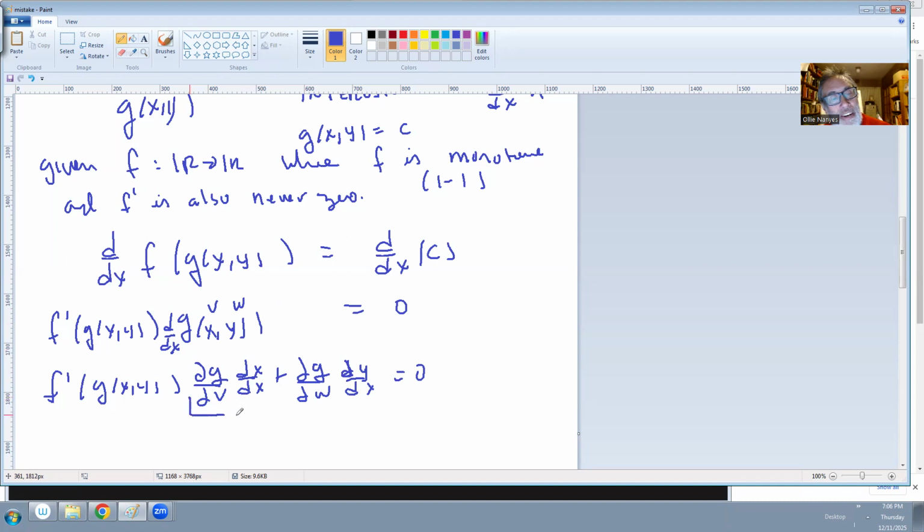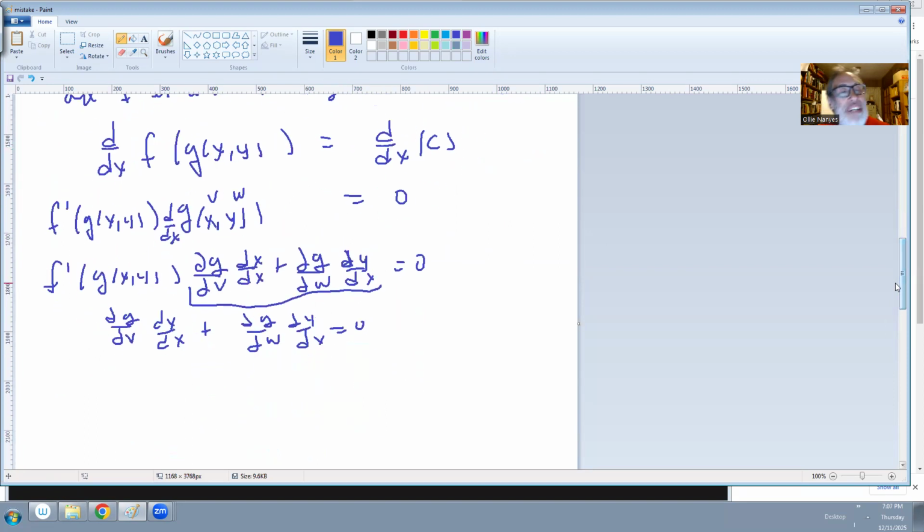This part right here is just going to be d dx of g of x, y. And assuming that this is also never 0, we get the original expression. Well, that's just a 1, which is what we would have gotten had we just differentiated this to begin with.